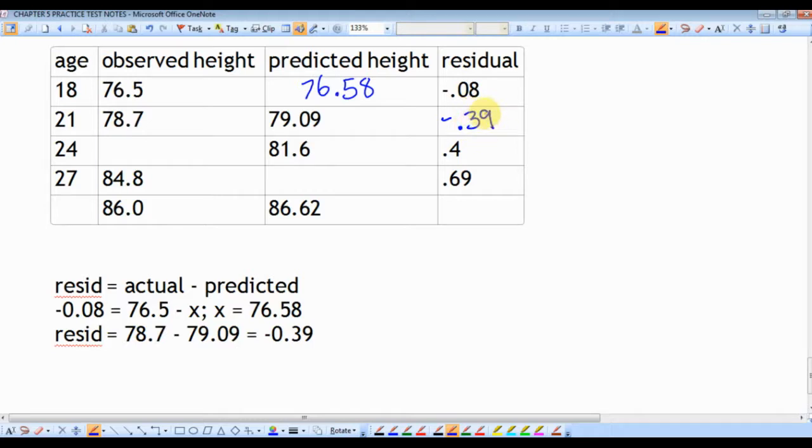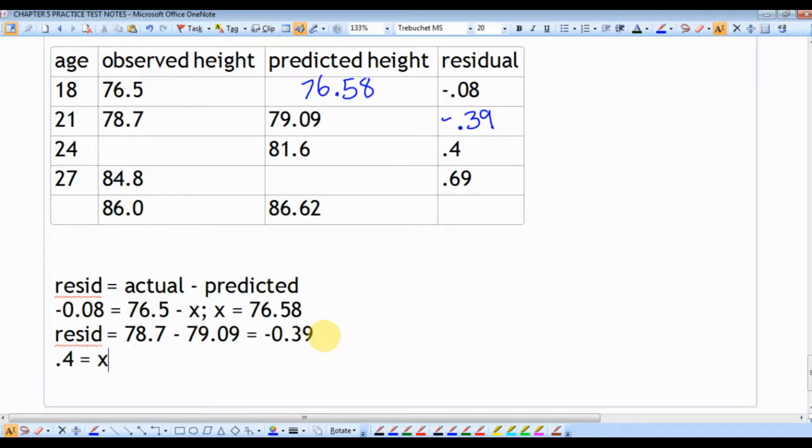Okay, yeah. The next one, residual 0.4 equals the observed, which is unknown, minus the predicted, which is 81.6. So we get x equal to 82. So that means our observed height was 82.